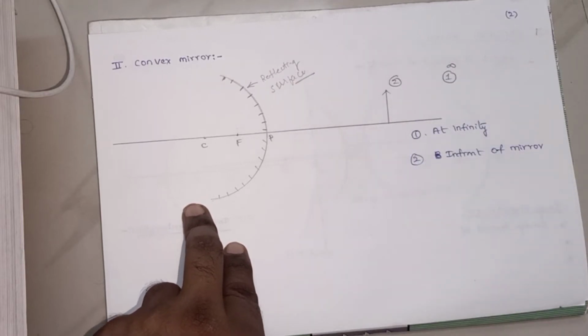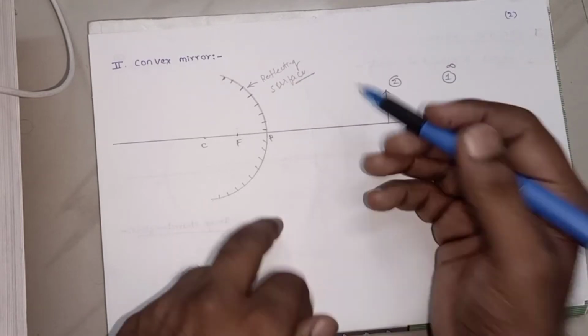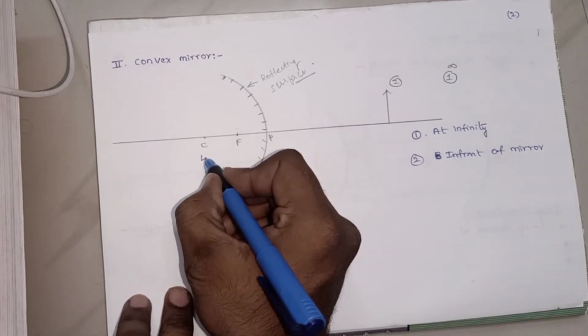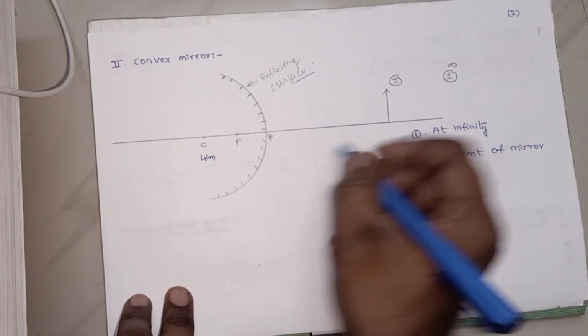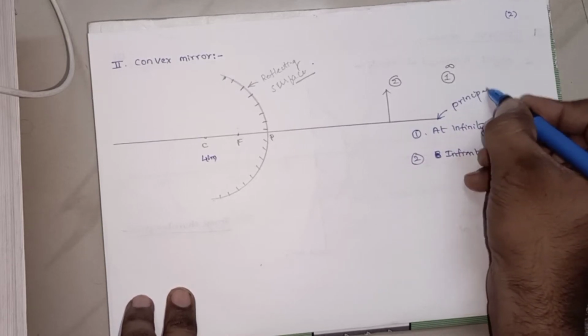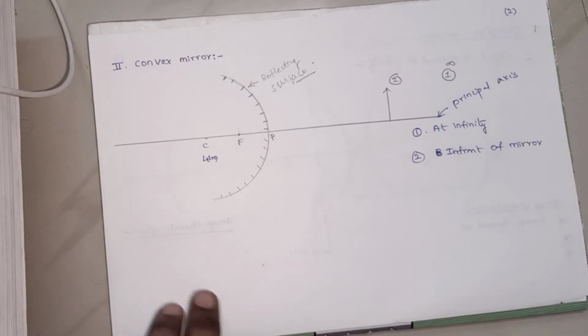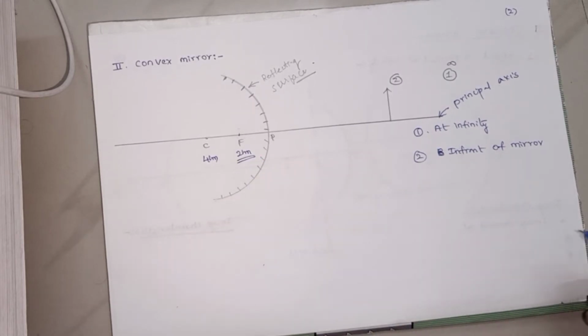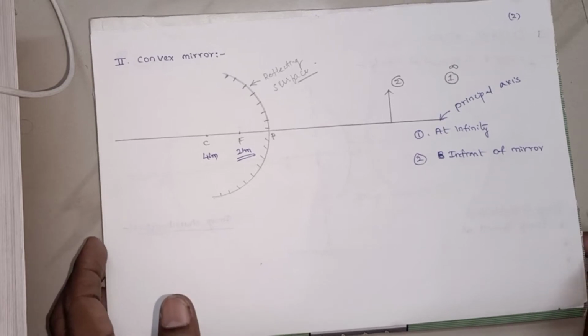This reflecting surface is bulged outward, so it is a convex mirror. Now this is 4 centimeters and it is the pole, and I also drew the principal axis. Now I located the focus as 2 centimeters, which is the midpoint of pole and center of curvature.